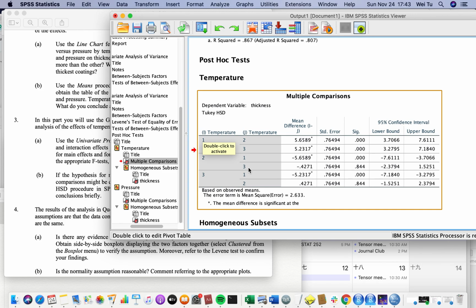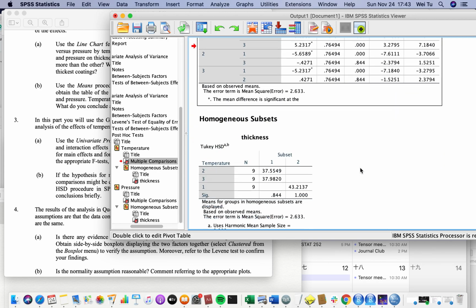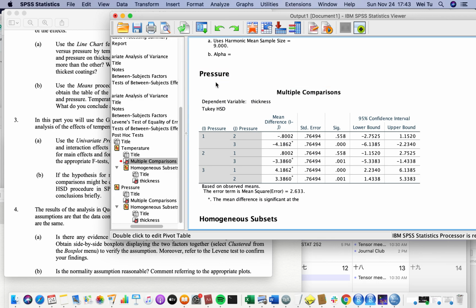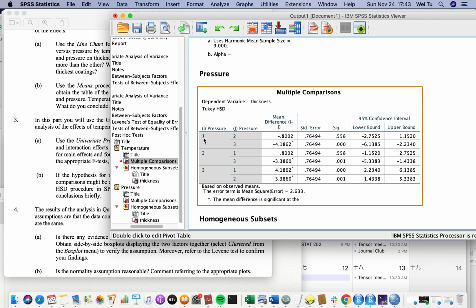So in this case, if you want to produce a thin film coating, it seems medium temperature and high temperature are pretty similar because the p-value is large. And then you can look at the similar thing for the variable pressure. So with the variable pressure, we have large p-value between low pressure and medium pressure, which means these two are not statistically significantly different.